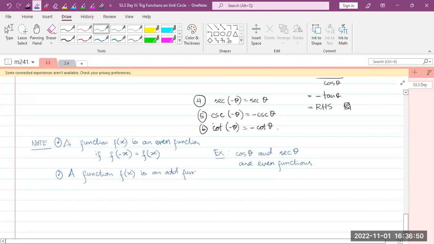It has something to do with the symmetry of the function, which we will see also in this class somewhere in chapter 4. f of negative x equals the opposite of the value of the function at x. For example, sine theta, tangent theta, cosecant theta, and cotangent theta are all odd functions.